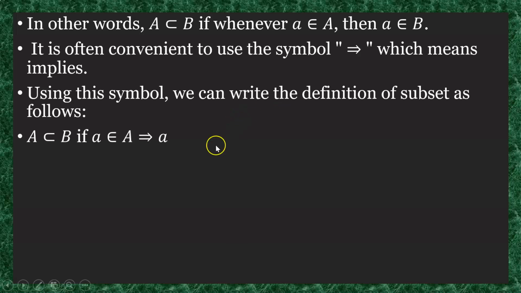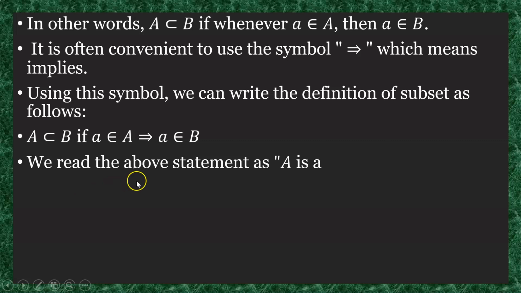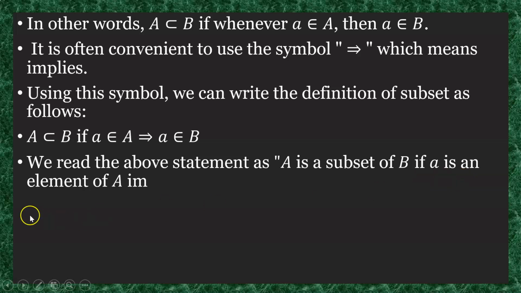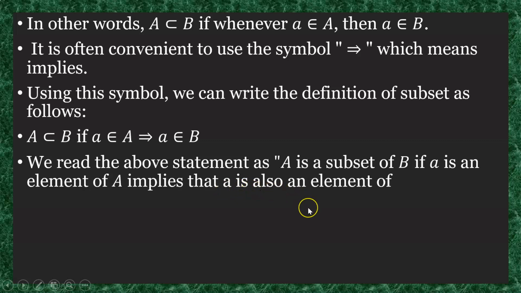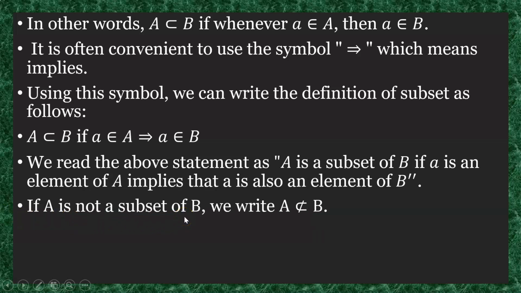That is, A is a subset of B if a belongs to A implies that a belongs to B. We read the above statement as: A is a subset of B if a is an element of capital A implies that small a is also an element of capital B. If A is not a subset of B, we write A ⊄ B, and this is the symbol.